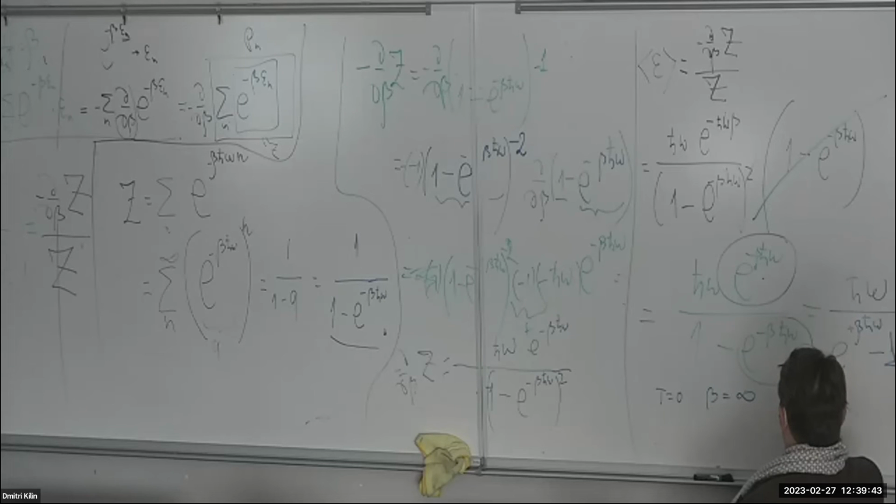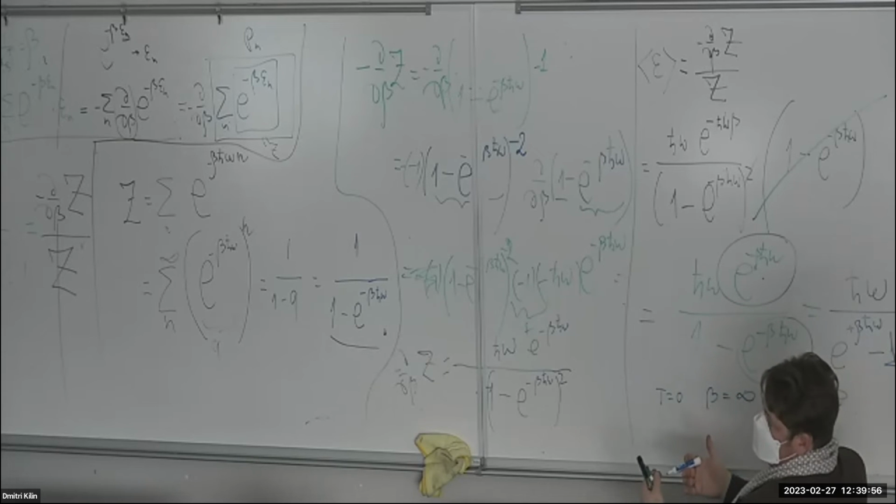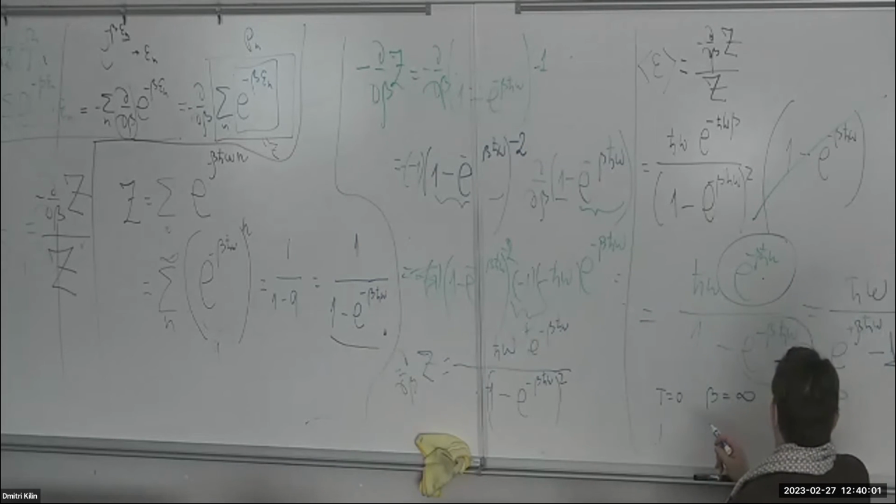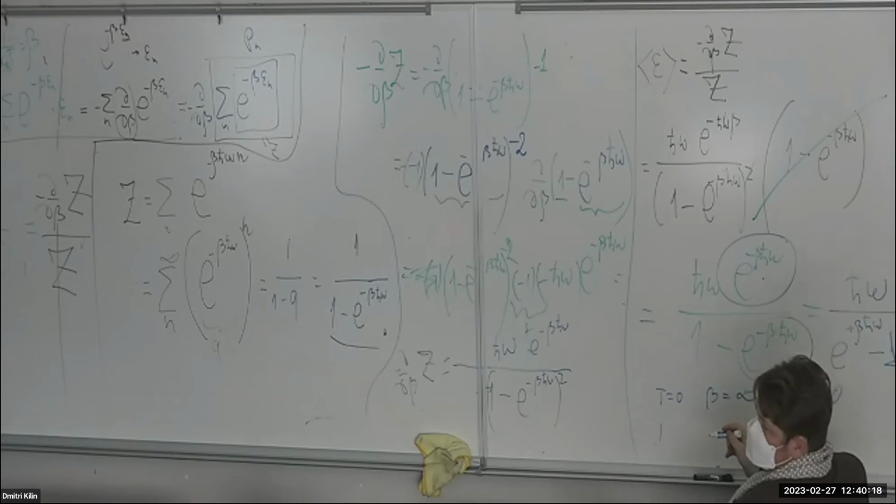Question: if T is 0, shouldn't the average energy also be 0? Because you divide. Yes, 0, correct. So 0 energy, everything will be in ground state, not emitting.